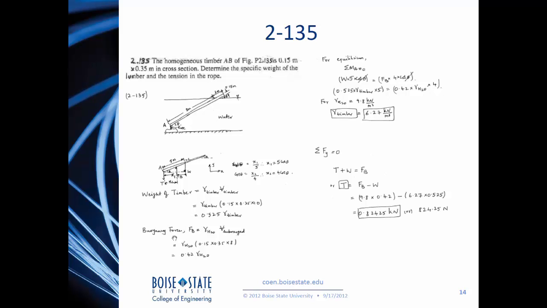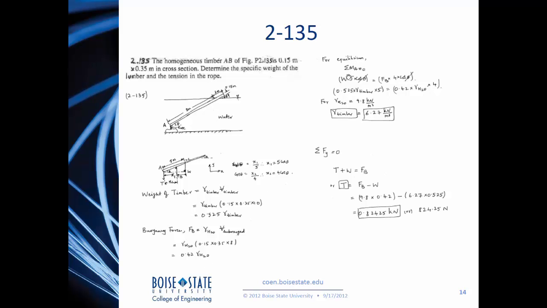And then the buoyancy force should be equal to the specific weight of the water times the submerged volume of the timber. Here, when we say submerged, the length is 8 meters and the cross-sectional area remains the same. So you get 0.42 gamma of water.